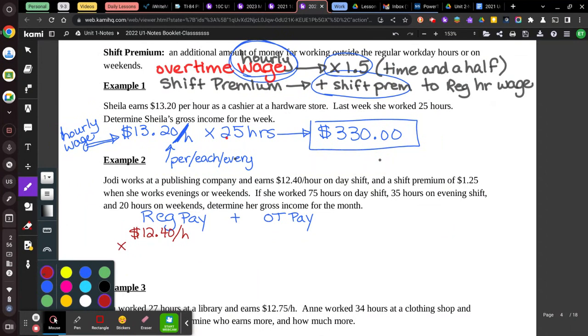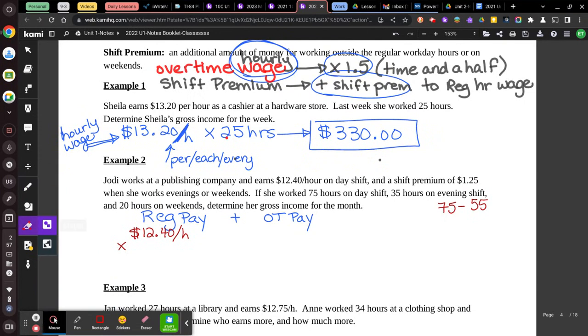And it says when she works evenings or weekends, she gets a shift premium. So that means we have to subtract 75, subtract 55, because we have 35 and 20, and that's what we're making on our overtime hours. Okay. Oh, actually, they're not asking us to subtract in this question.